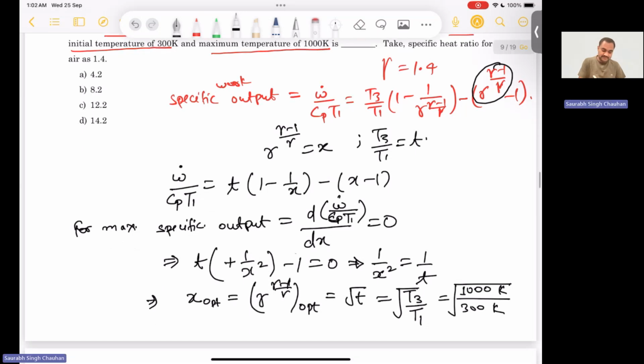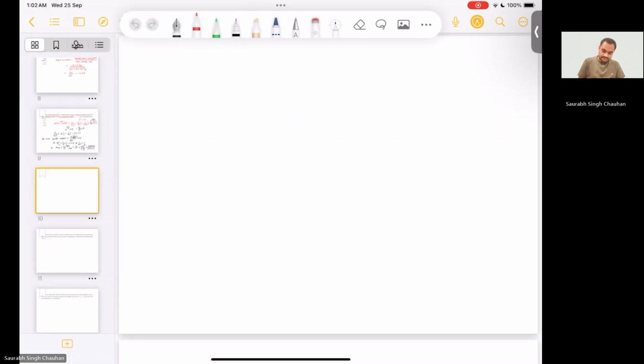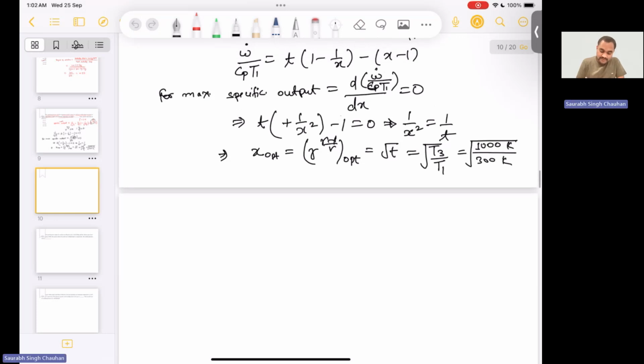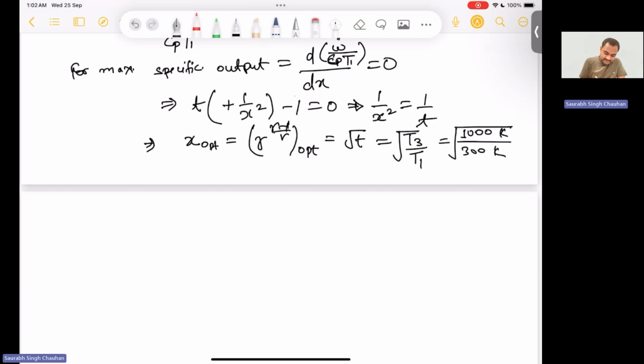So r to the power gamma minus 1 by gamma is equal to under root of 1000 divided by 300, and we have to find optimum pressure ratio, right?